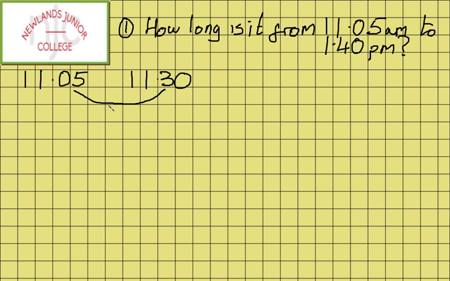From there to there, it's 25 minutes. Then you might say to yourself, okay, ultimately I want to get to 1:40. So how do I get to 40 minutes past the hour? Well, you go forward to 11:40. From there to there, that's 10 minutes.